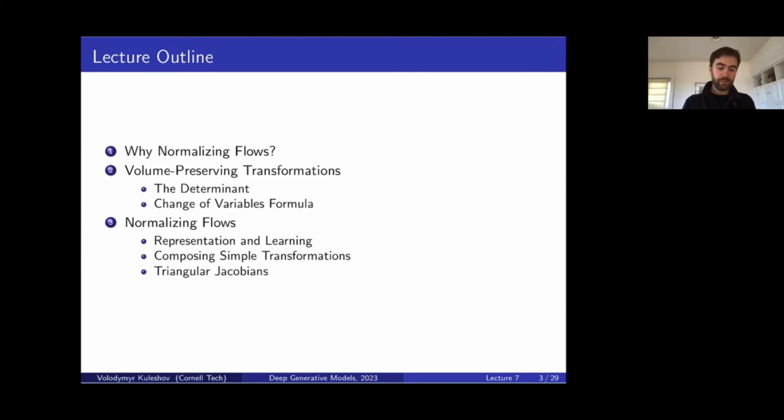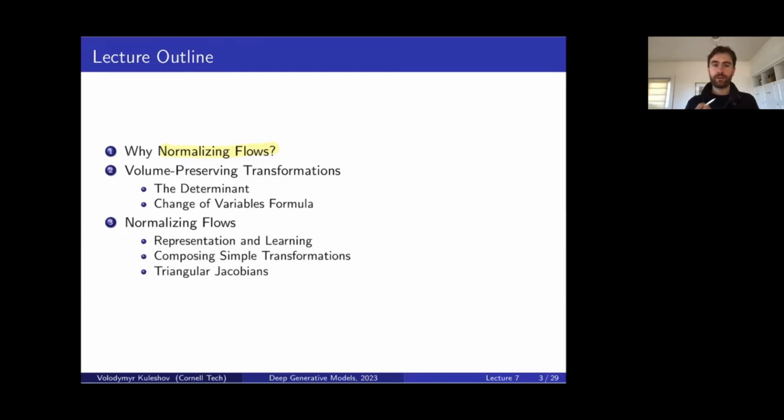Okay, so the topic of this lecture is going to be, as I said earlier, normalizing flows, which are going to be a new type of generative model. We're going to define precisely what normalizing flows are at the end of the lecture, but first I'd like to motivate why they're needed, why we're going to look at them, and then we're also going to review some facts from calculus.